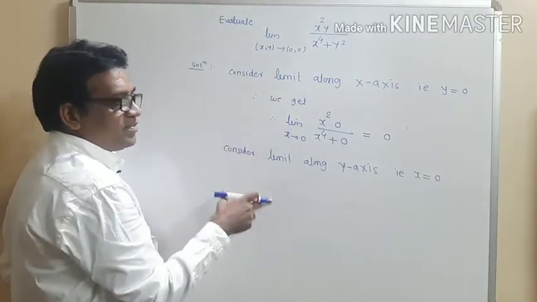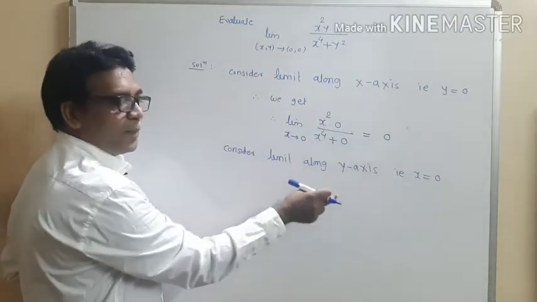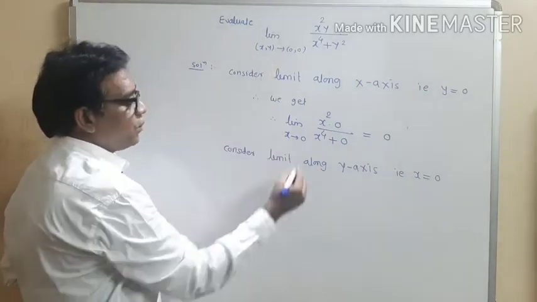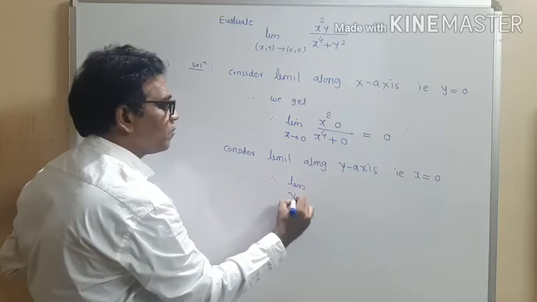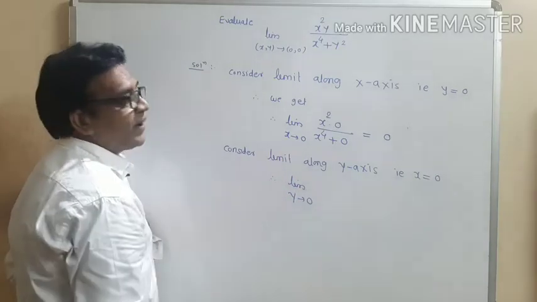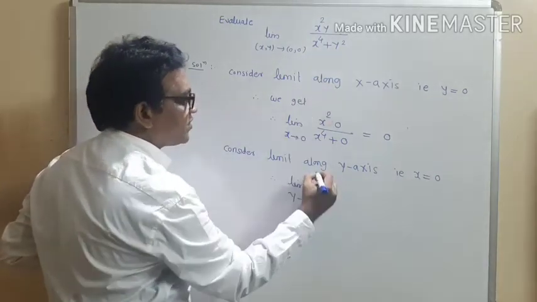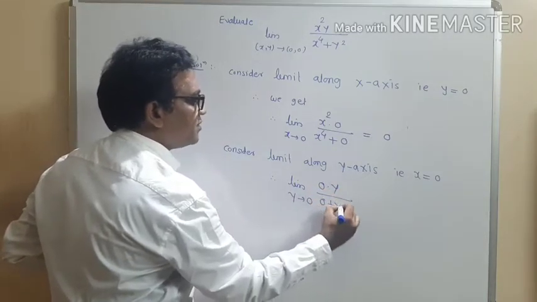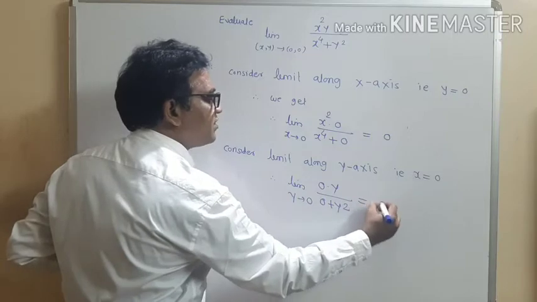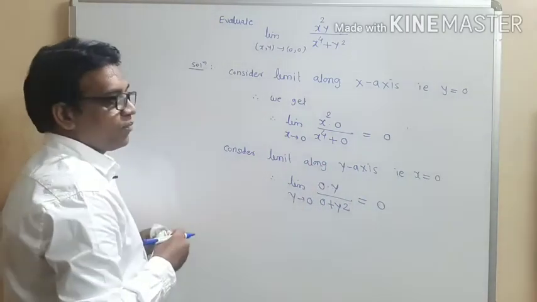So now find out this limit along this second path, the y-axis. Now put x equal to 0, therefore we get limit as y tends to 0: 0 into y divided by 0 plus y square. So obviously it is again 0.